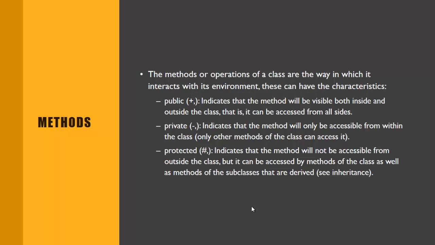Private indicates that the method will only be accessible from within the class. Only other methods of the class can access it. Protected indicates that the method will not be accessible from outside the class, but it can be accessed by methods of the class as well as methods of the subclasses that are derived. See inheritance.